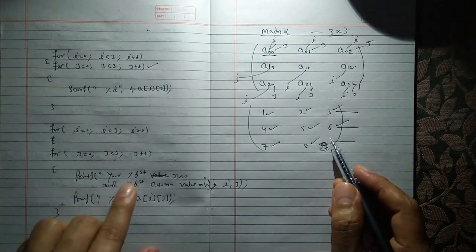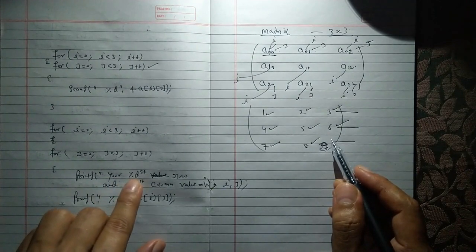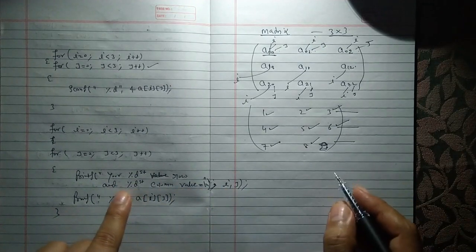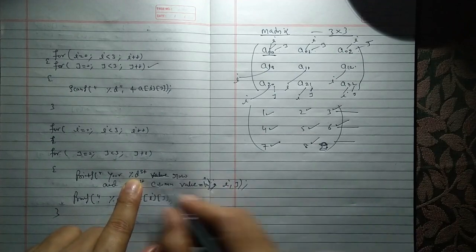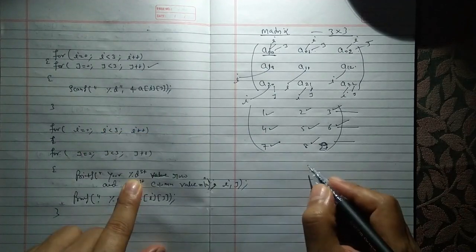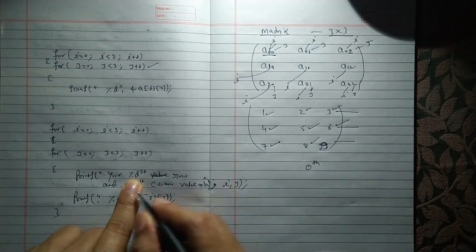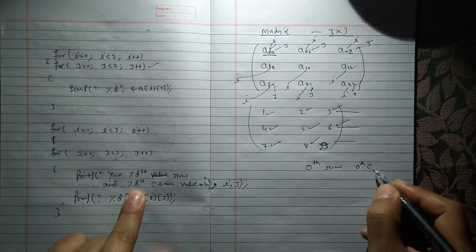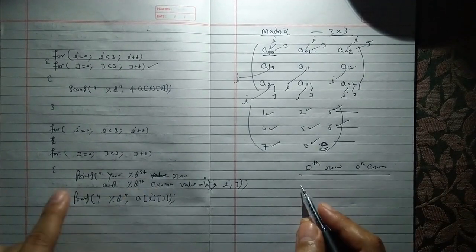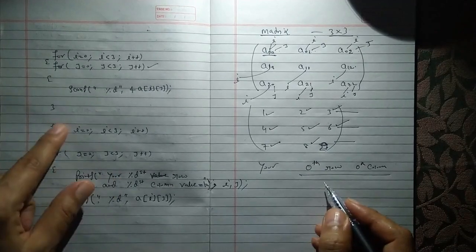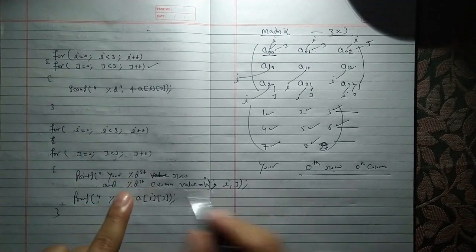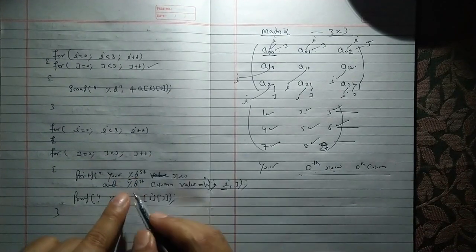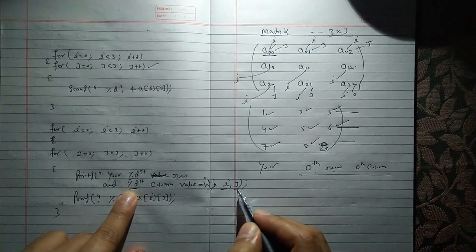So how will it print? We have written printf("%d st row and %d st column value is equal to", i, j). The first %d means first value, with i = 0, and for the second %d the value is j, and j = 0.